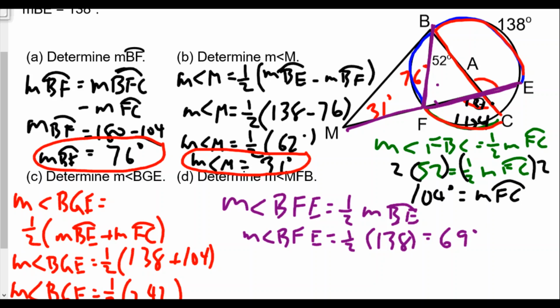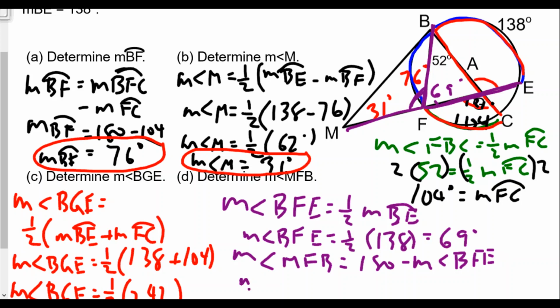So we know this is 69 degrees, but that's not the answer because we're looking for the measure of angle MFB, this angle here. And so the measure of angle MFB is equal to 180 minus the measure of angle BFE.